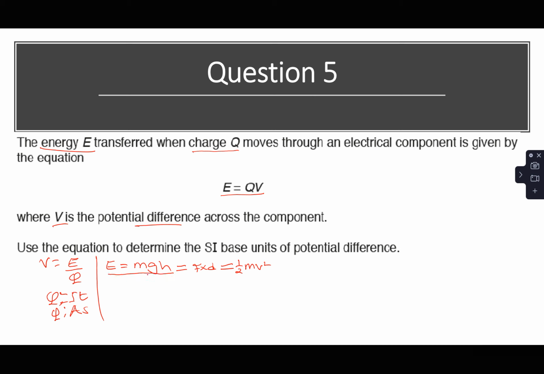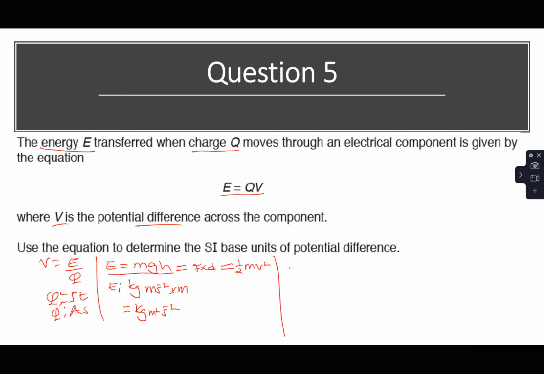So m is mass, base units kilograms. g is acceleration due to gravity, base units meters per second squared. h is a length or a height, which is meters. So the base units of energy are going to be kilograms, meters per second squared times meters, which simplifies to kilogram meters squared per second squared. When you advance and become an expert, some of these units become part of you and you don't show every step in the working.